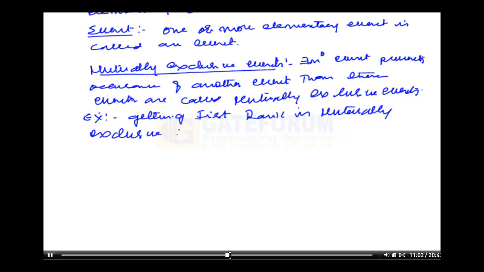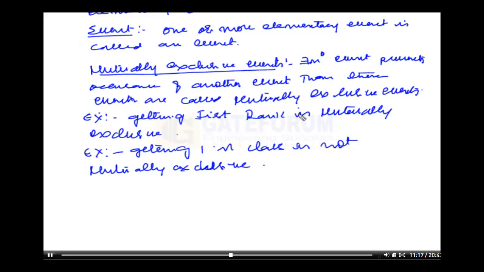Therefore, getting first class is not mutually exclusive. So we can say mutually exclusive events are events which do not occur simultaneously. We take the next definition.